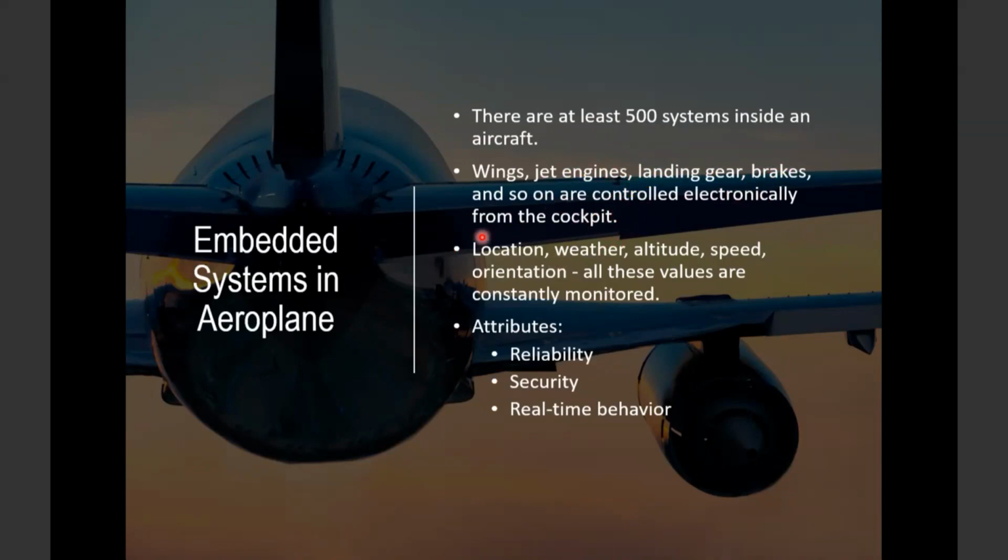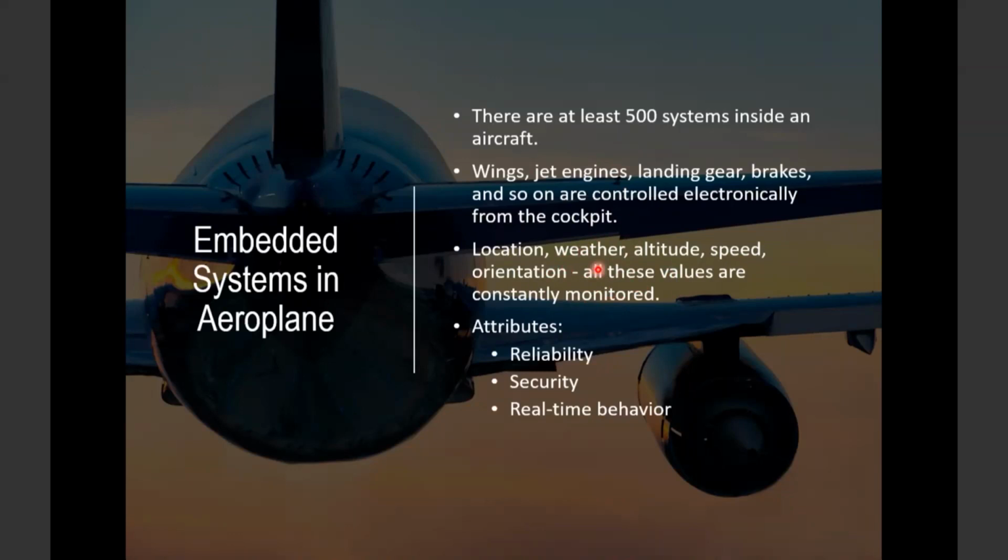And then the location, weather, altitude, aircraft speed, and orientation, all these values are constantly monitored. These values will be displayed on the passenger side as well as on the pilot side. If you go to your seat, there is a display monitor.